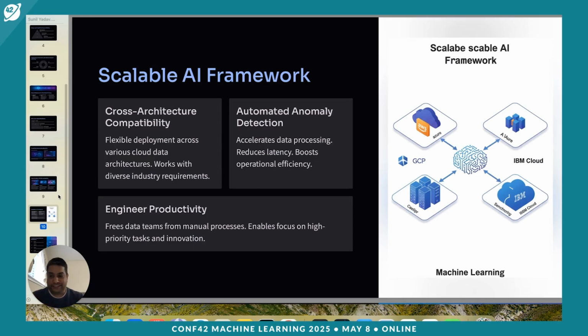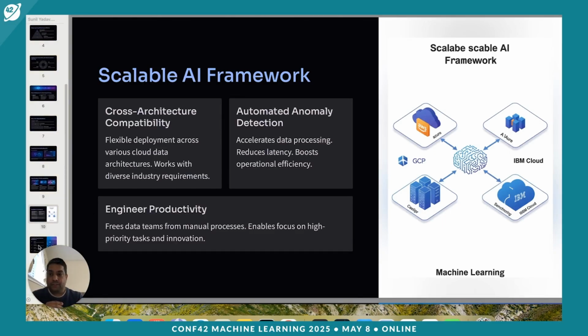It's all about efficiency, right? Next point is engineering productivity. It frees data teams from manual processes. Like I said, it's all automated jobs. Once the jobs are there, you can customize them as per your need, and you can enable the focus on high priority tasks and innovation, other than the mundane manual jobs.